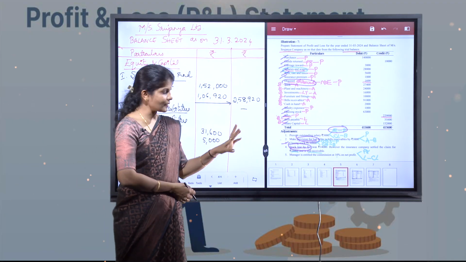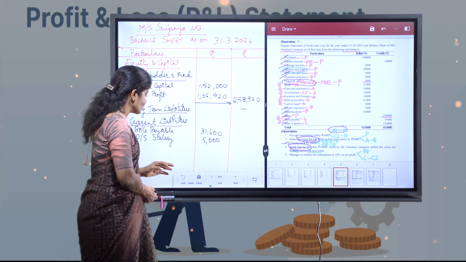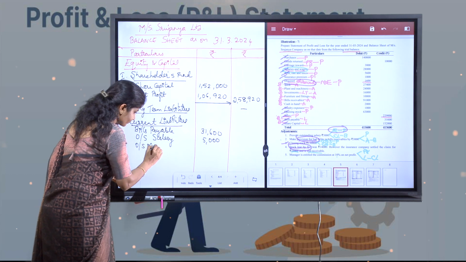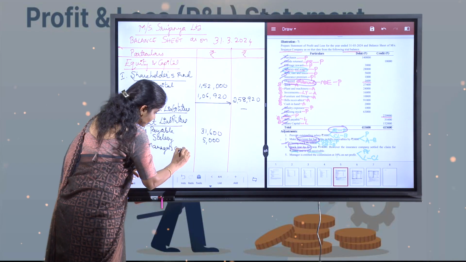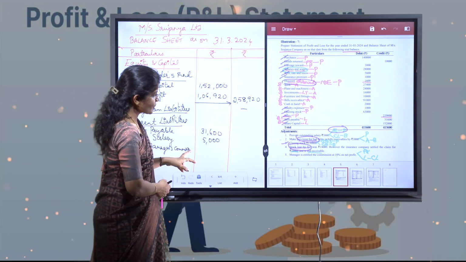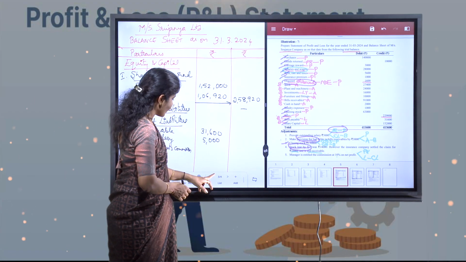Next we have provision for bad debt. I said this, let us take that on the asset side. Manager's commission, we have only one other item. Outstanding manager's commission, how much have we calculated as manager's commission?